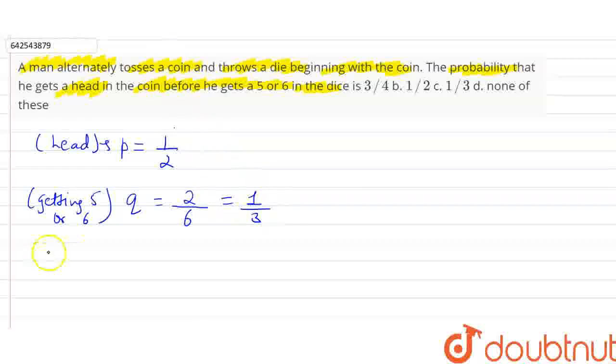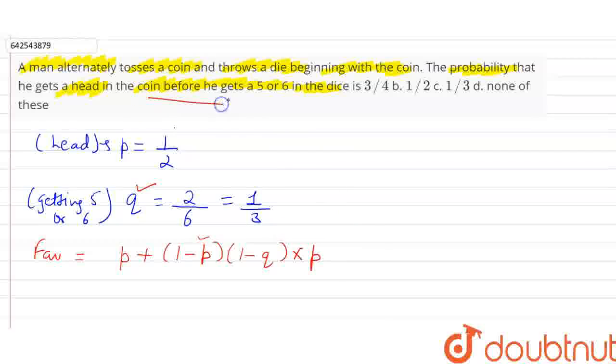Now our favorable outcomes can be that in the first attempt of a coin he gets a head, so the probability is P, or in the first attempt he does not get a head, so the probability is 1 minus P. If he doesn't get a head, he doesn't get a 5 or 6 either, so the probability of not getting a 5 or 6 is 1 minus Q, because Q is the probability of getting a 5 or 6, and then he gets a head, so our condition will be satisfied.